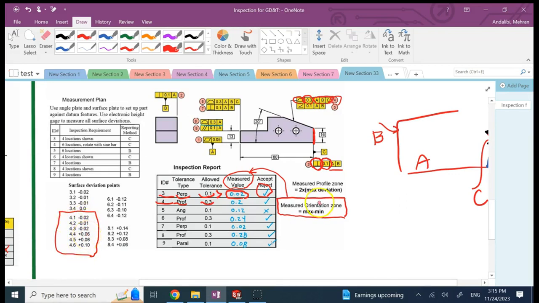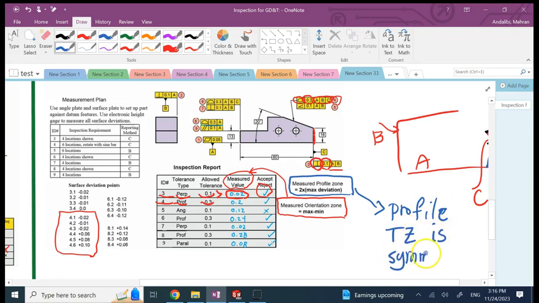Now for a profile, the formula is the maximum deviation in terms of absolute value, the maximum absolute value times 2. Why times 2? Because a profile tolerance zone is symmetric. So whatever you measure from one side, you have to multiply by 2.